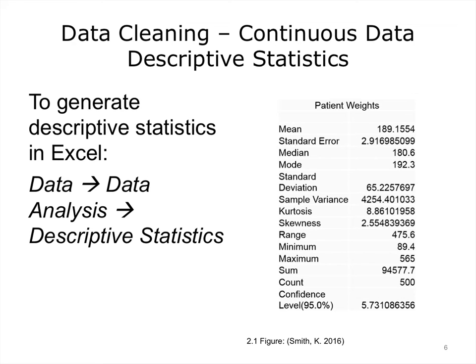For example, this set of data of 500 patient weights shows a mean weight of 189 pounds, with a minimum of 89 and a maximum of 565. To generate descriptive statistics in Excel, click Data, then Data Analysis, then Descriptive Statistics.